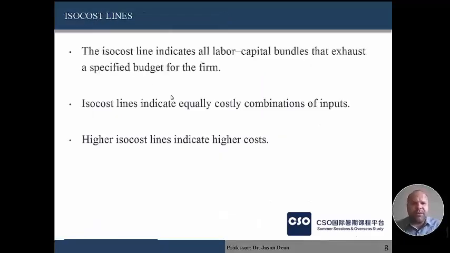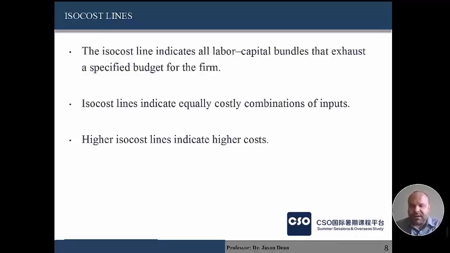Okay, now we're going to look at isocost lines. The isocost line is an indication of the labor-capital bundles that exhaust a specified budget for the firm. So it is, for example, all the combinations of capital and labor that would result in a total outlay of, say, $200. Okay, so they indicate equally costly combinations of inputs.